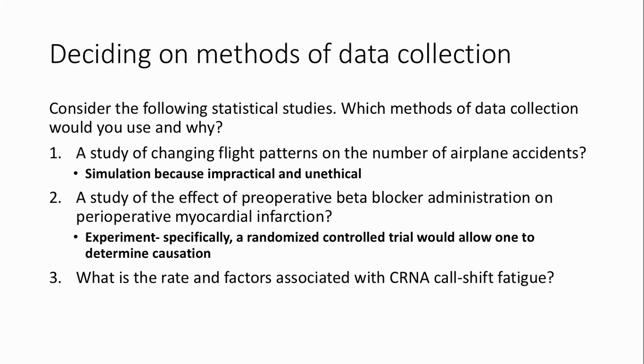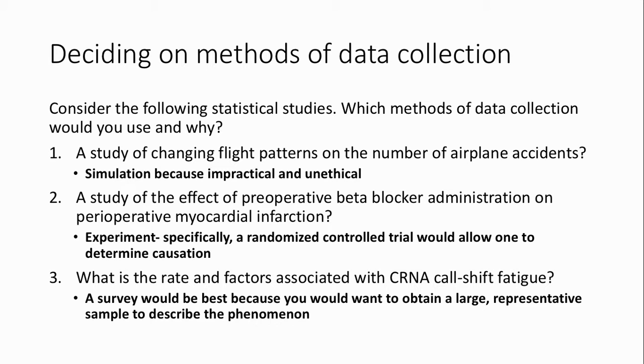And the third question would be a survey because you want to obtain a large representative sample to describe this phenomenon of call shift fatigue. And in fact, you can read this paper in the ANA journal.